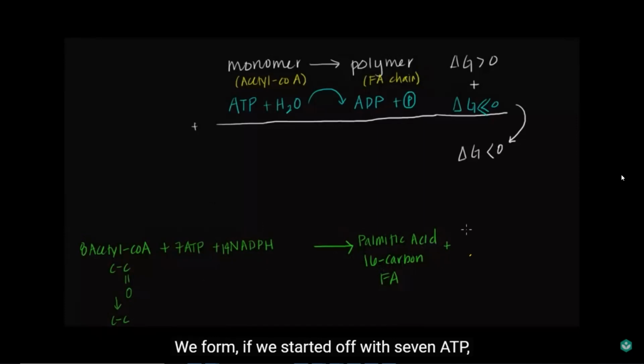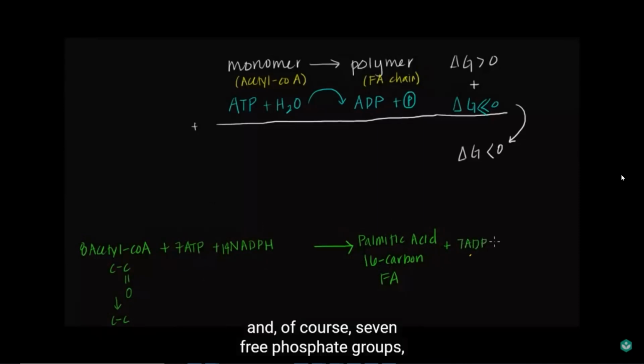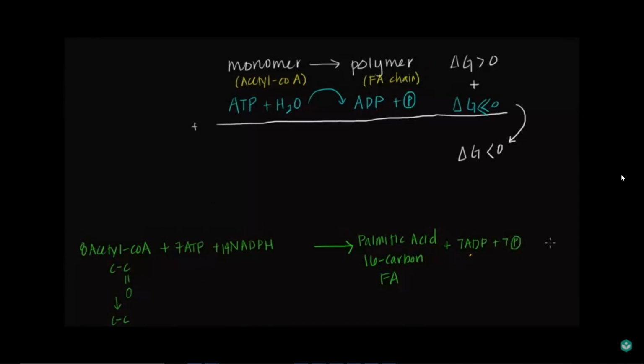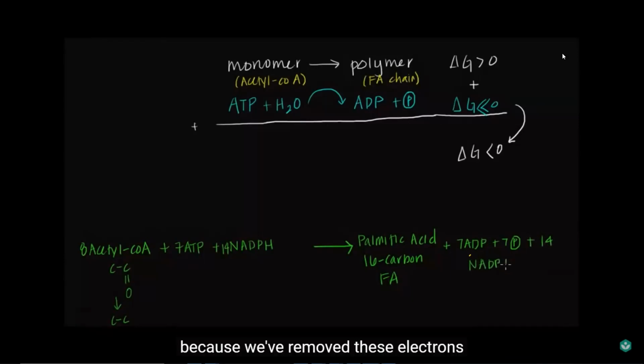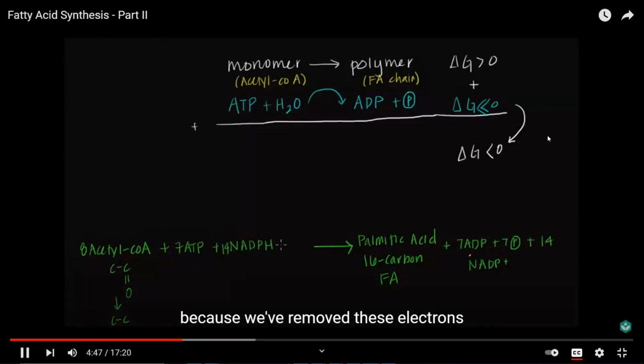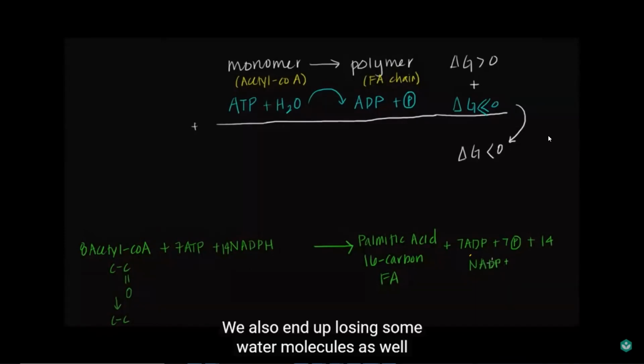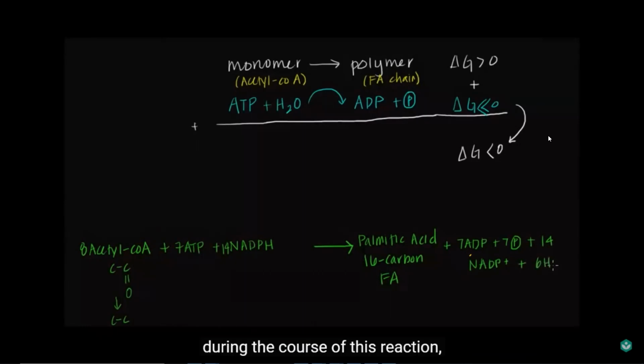So if we started off with 7 ATP, we end up with 7 ADP, and of course 7 free phosphate groups, and 14 NADP plus, because we've removed these electrons, and of course we're oxidizing this now. We also end up losing some water molecules during the course of this reaction.